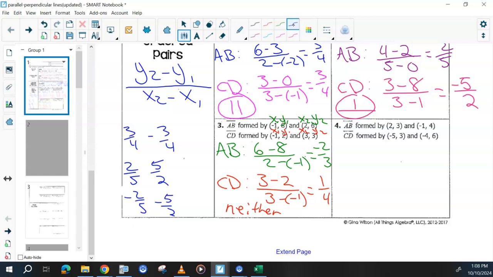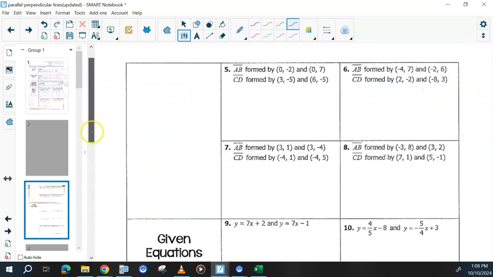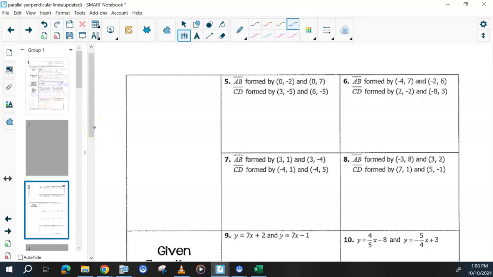Okay, we're going to do one more of these before we jump into the equations part. So look at number 5. I'll rewrite our slope formula here so we're not flipping back and forth.